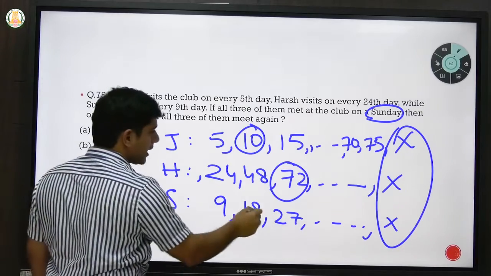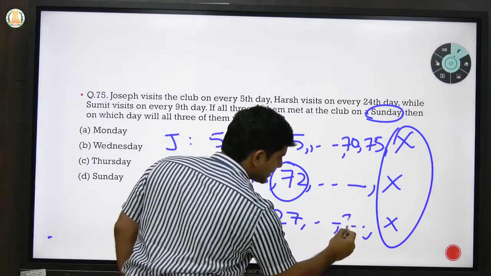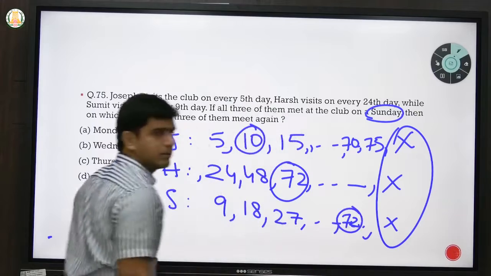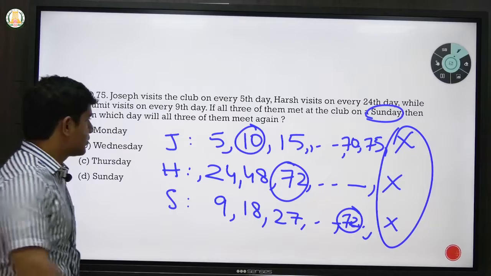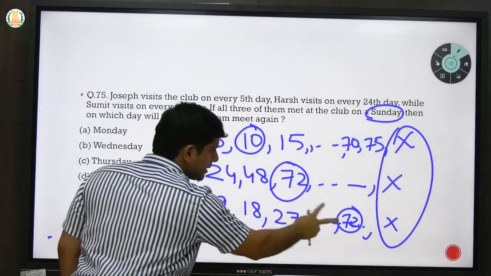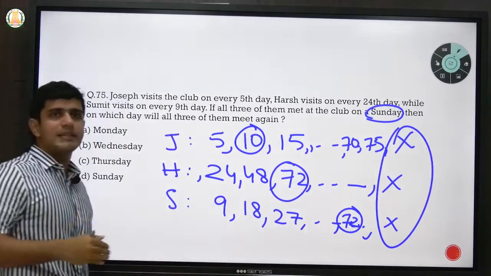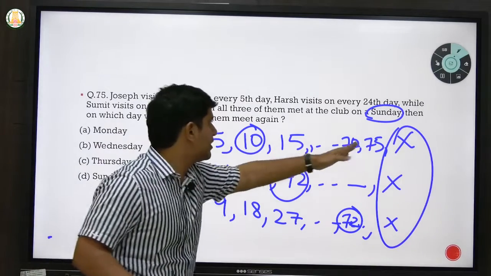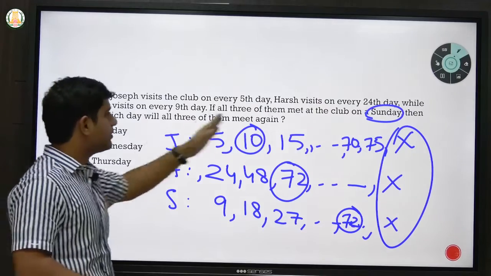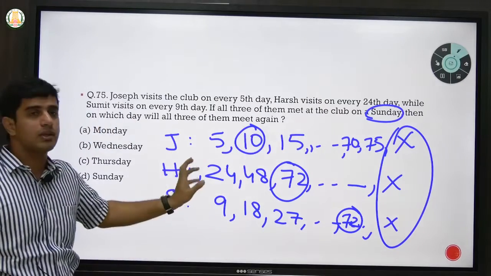But if you go 9, 18, 27, 36, 54, like that, the series comes to 72 at one point. So on the 72nd day, Harsh and Sumit will meet, but there will be no 72 in the case of Joseph. So Joseph will not come on the 72nd day, but these 2 will.